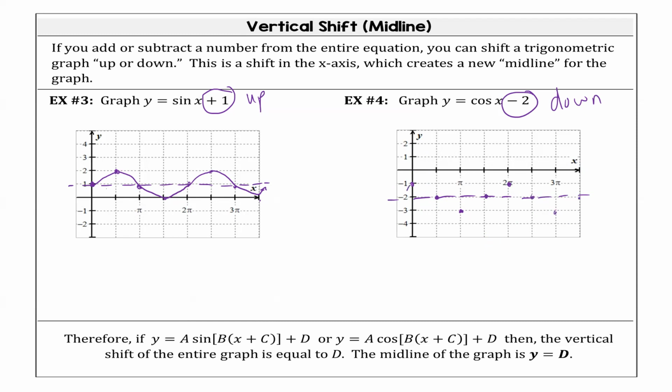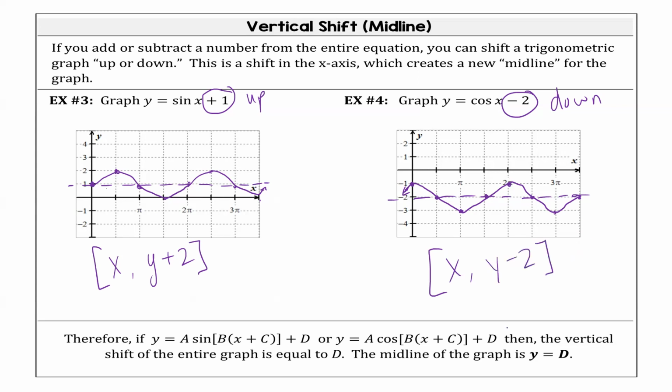So our cosine function looks like this after a vertical shift up and down. So in terms of a rule, in this case, our x's aren't affected, but to each one of our y's we are subtracting 2.